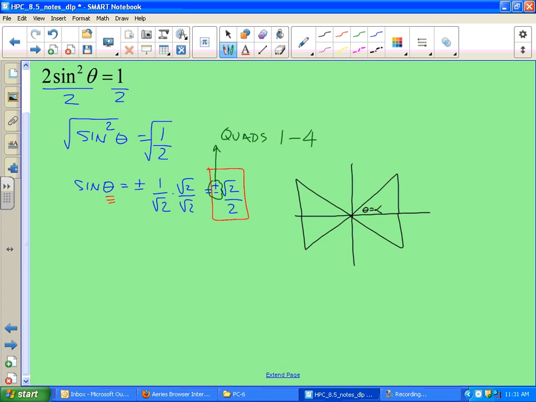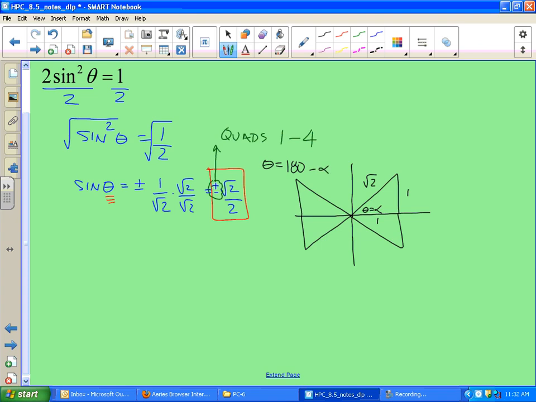And that's a 45, 45, 90. So we know we're talking about relationships of 1 and 1 and root 2. But sometimes we're in the negative world, so we have angles that allow us to be in quadrants 2, 3, and 4. Remembering these relationships, we can find our theta by doing 180 minus our reference.